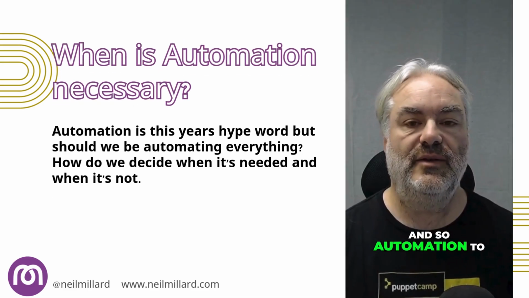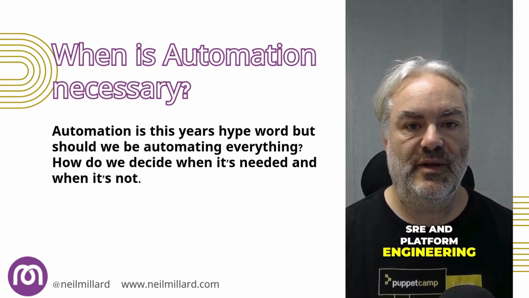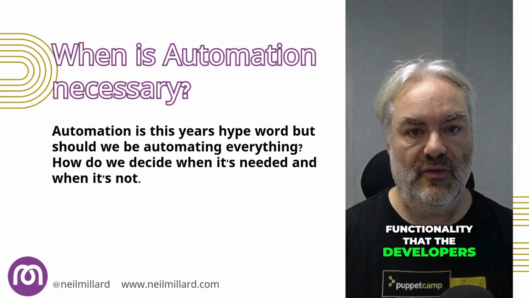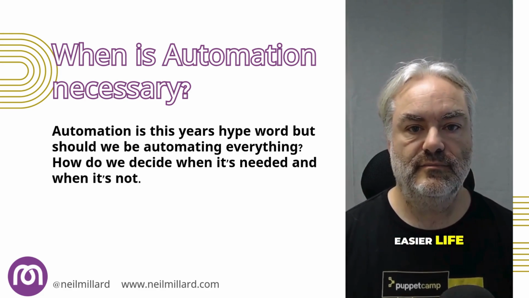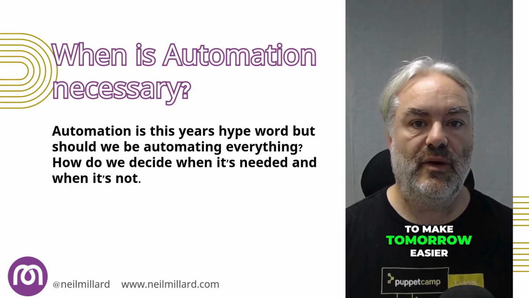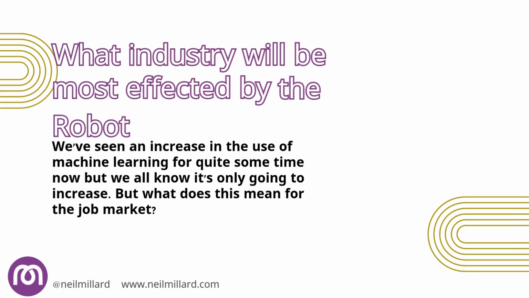And so automation to me is the heart of DevOps, SRE, and platform engineering. I'm providing tools and functionality so that the developers and other people on my team have an easier life. What's the one thing I can do today to make tomorrow easier and better for everybody else, including myself?